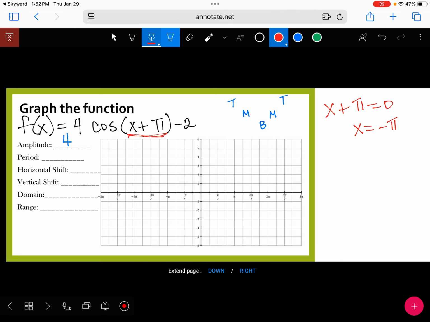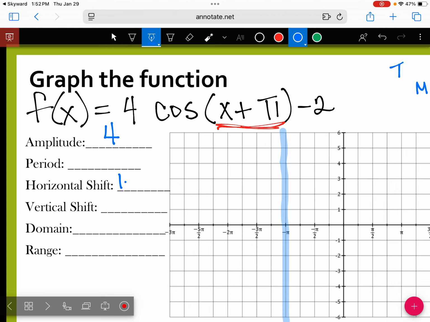So I'm going to put a green or a vertical wall at negative pi. This is where I'm going to start. Now, because it's negative pi, that means that my wall went left pi. So that's what I'm going to write for horizontal shift. Left pi. Now, is my period 2 pi or is it pi?